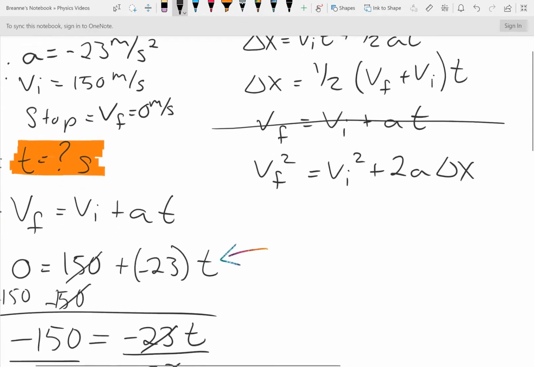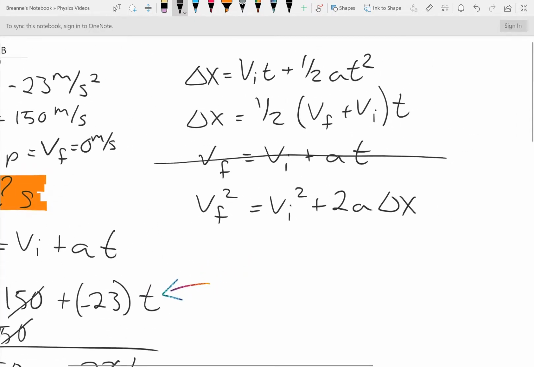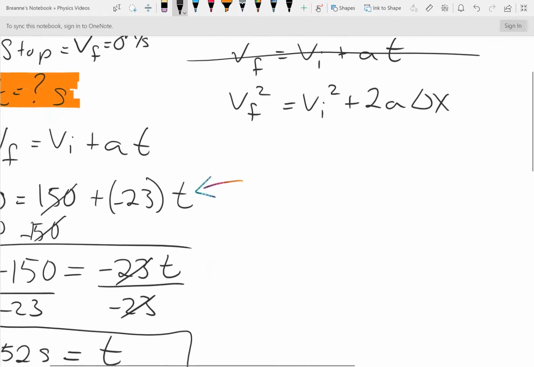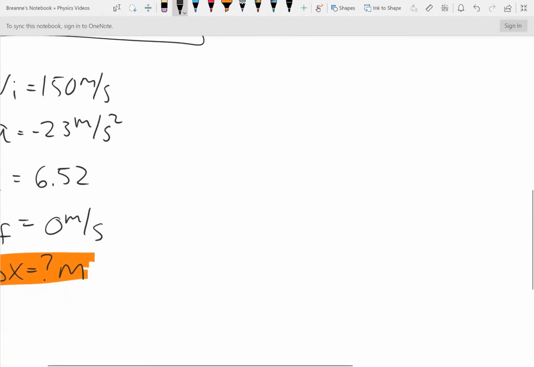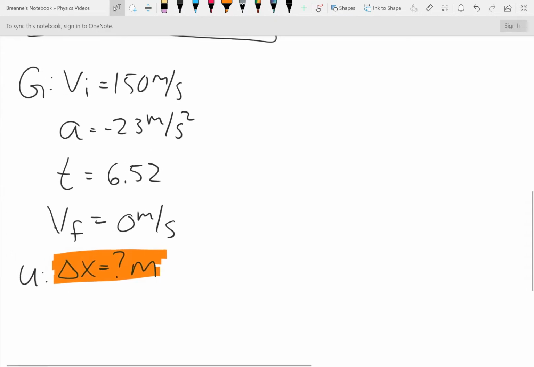Well, we got to make sure we have all the givens. So we're looking for delta x. Check. We have V initial, we have t, we have a. Looking at this, we can do any equation we want besides the third one. So let's use the second one. Seems like the easiest. Work smarter, not harder.